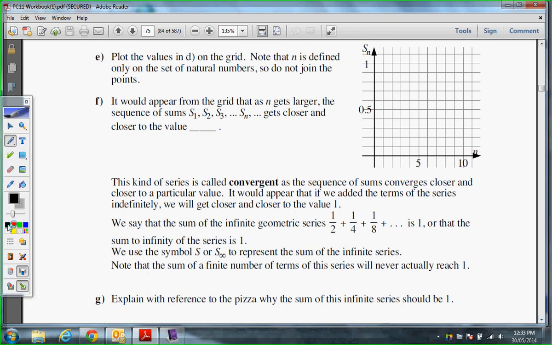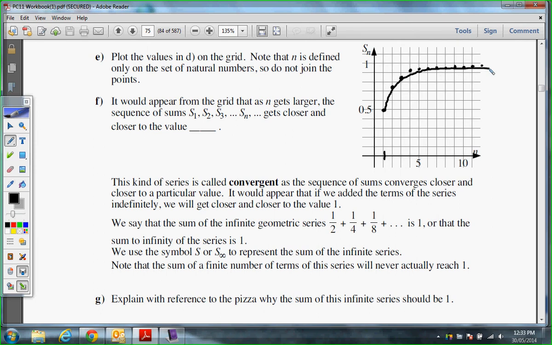Okay, so at 1, it's 0.5, 2, 0.75, 3, 0.875, 4, 0.938, 5, 0.96, and this keeps going, just inching up more and more every time. So it looks something like this in terms of a line.